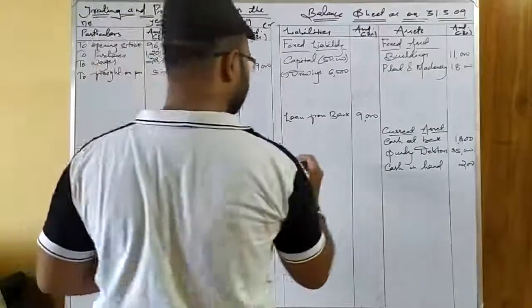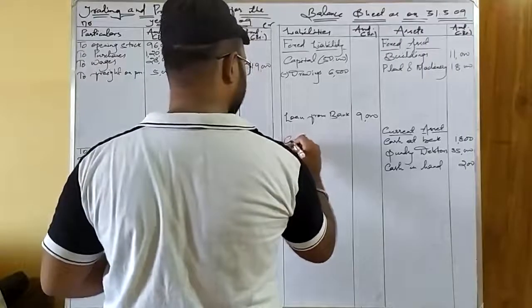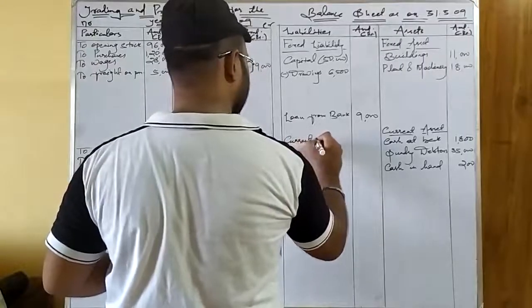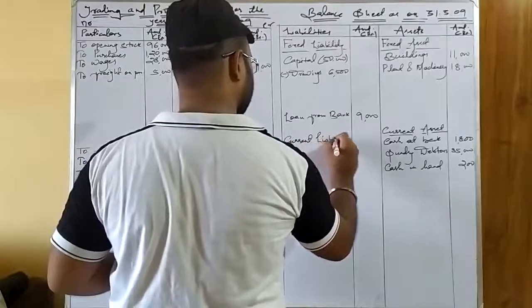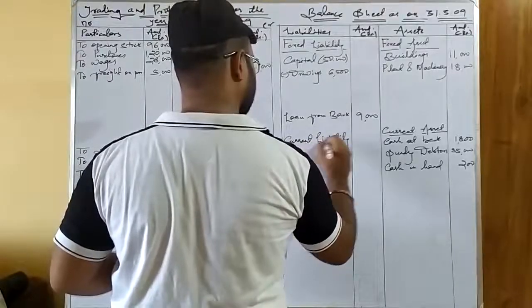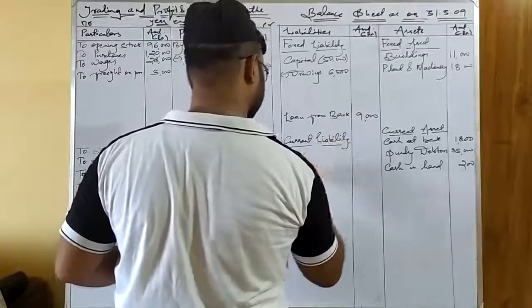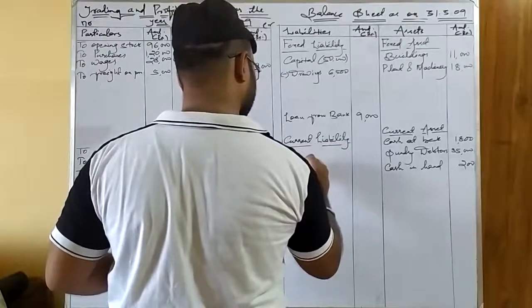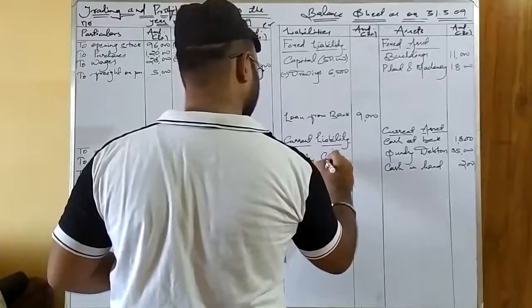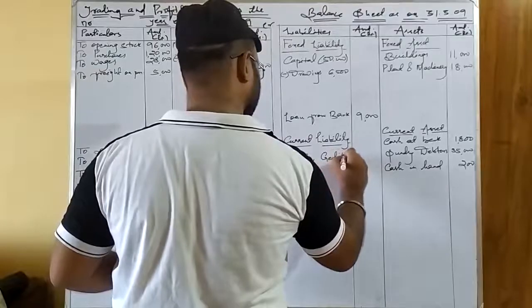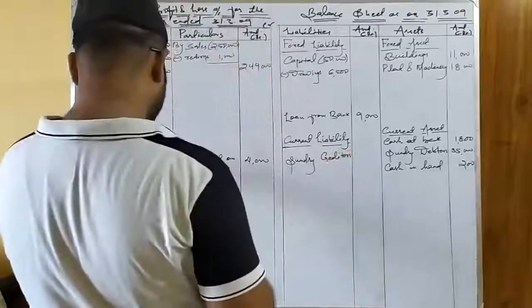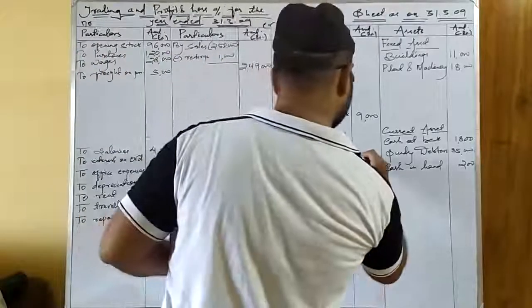So sundry creditors are current liabilities. So sundry creditors are given as 23,700.